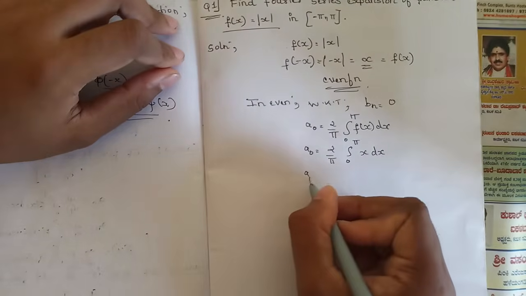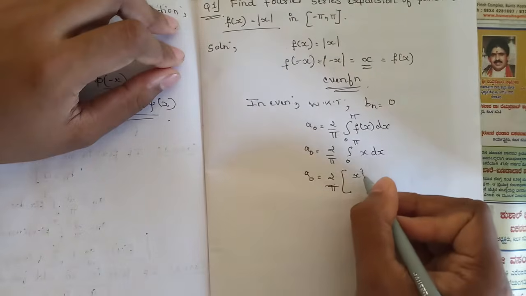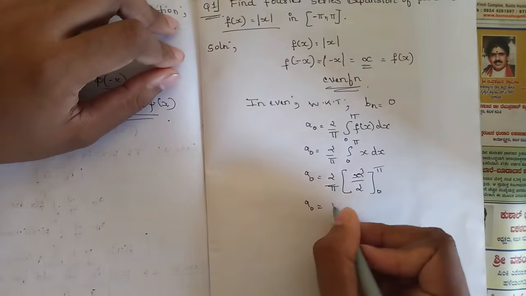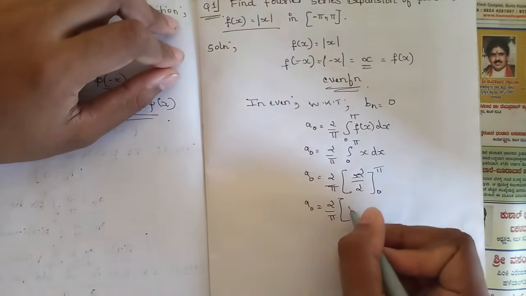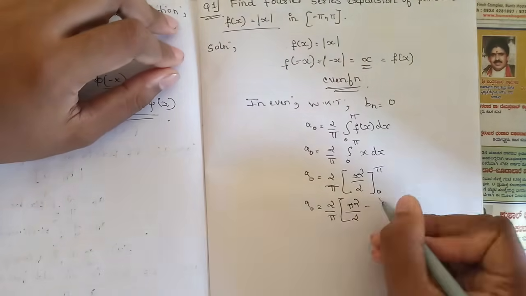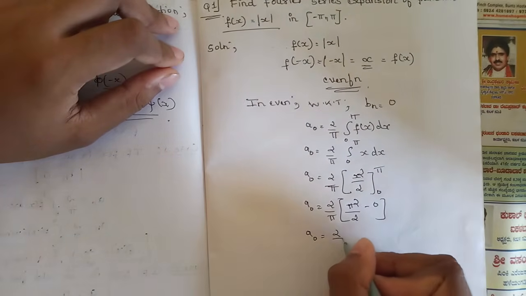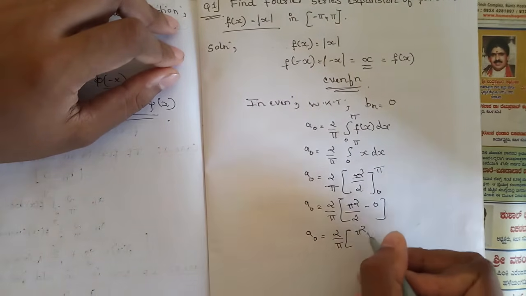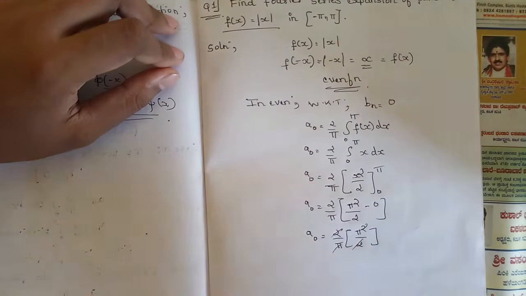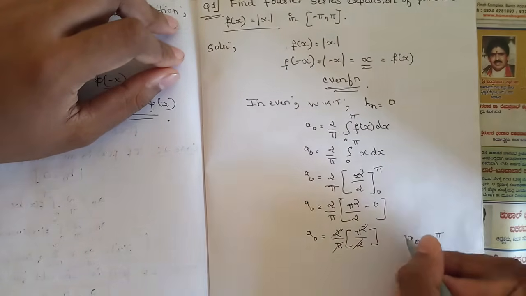Integrating, the integral of x is x square by 2. Applying the limits, pi square by 2 minus 0 square by 2, which is 0. So a0 is 2 by pi times pi square by 2. The 2 cancels and one pi cancels, so the final value of a0 is pi.